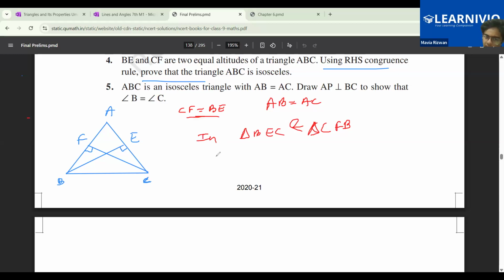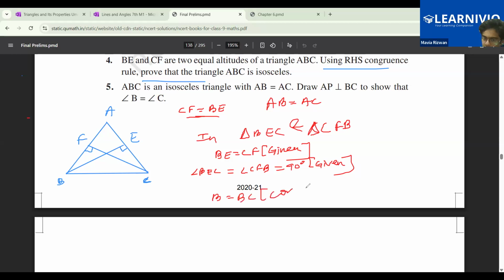This is already given. So BE is equal to CF is given. This is 90, so angle BEC is equal to angle CFB. This is 90 degrees, and this is given. And BC is equal to BC is common.